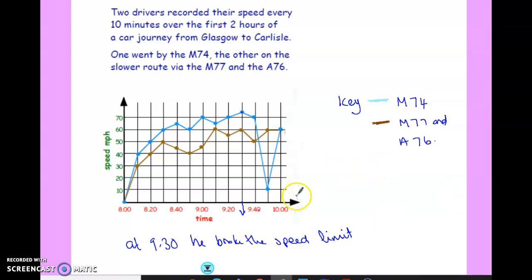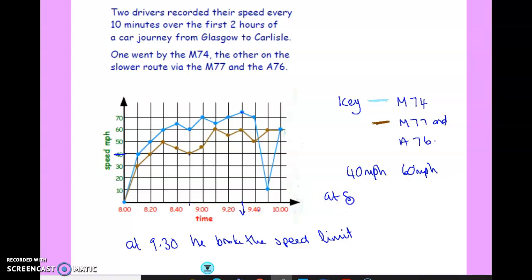Okay, let's say at 8:40, no, 8:50, how much faster was the person on the 74 travelling? So we're looking at 8:50, how much faster were they travelling? They were travelling at 40 miles an hour. They were travelling at 60 miles per hour.